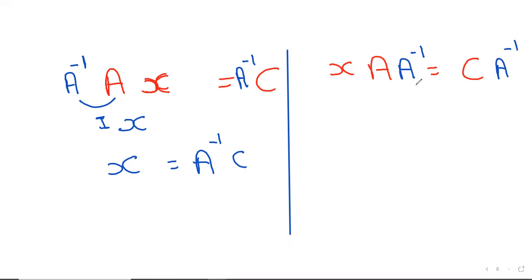Here, A to the power of negative 1 is written at the last, so I wrote it here at the last. A multiplied by A to the power of negative 1 is I. So X times I, X equals C multiplied by A to the power of negative 1. And this property, we use it in answering two simultaneous equations using the multiplicative inverse of matrices.